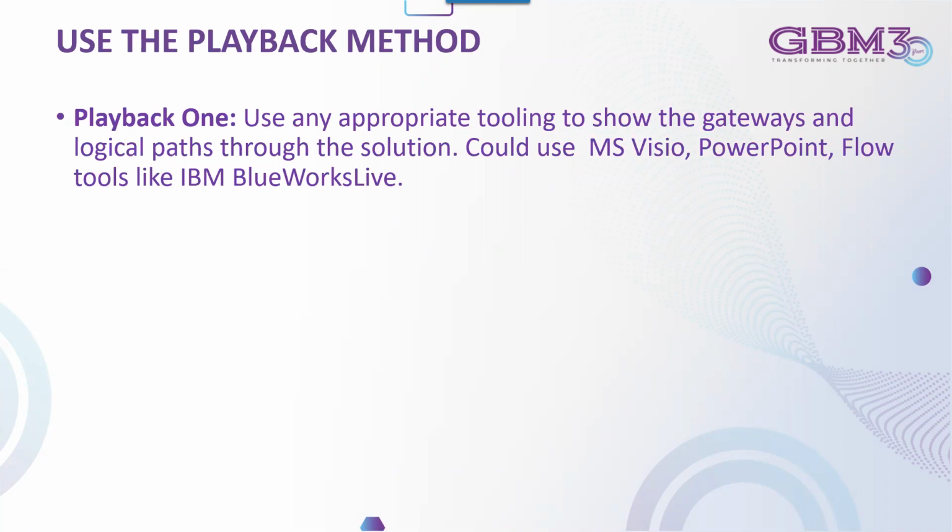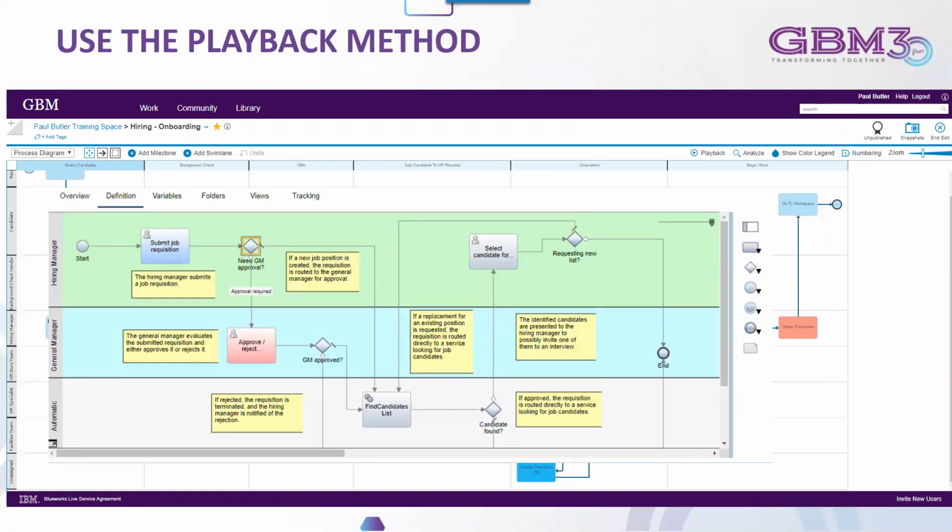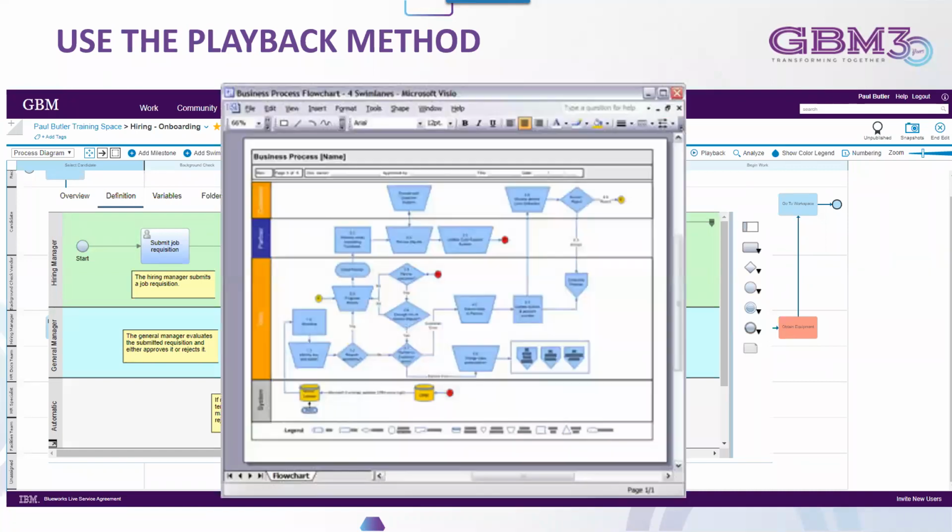And you can use Visio, PowerPoint, various flow tools like IBM BlueWorks Live, which we've used in the bank before, to actually start modeling the solution that we're ready to build. So as I say, it could be a process. It could actually be a set of user interfaces that are flowed together. But at this stage, we're not talking about any UIs at all. This is just the logic flow as we go through.